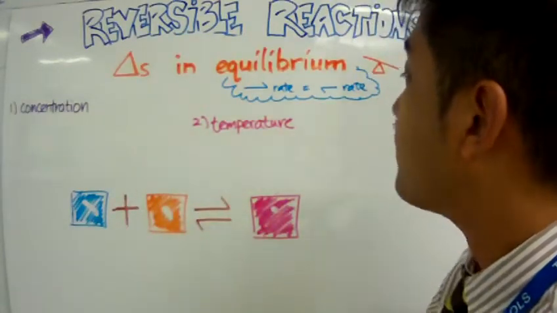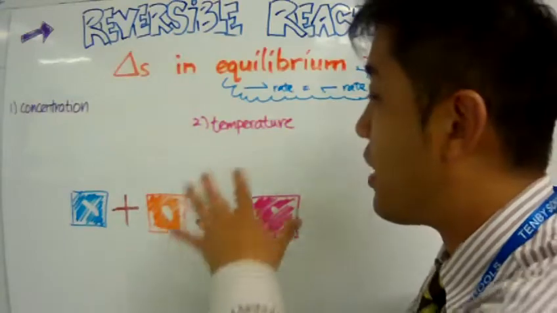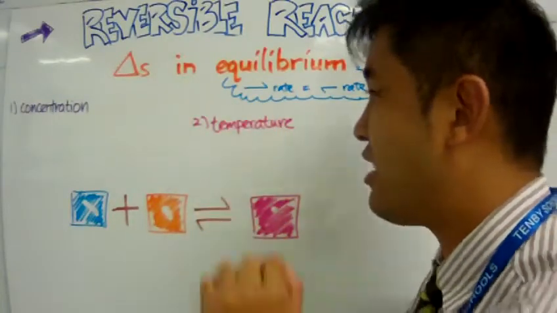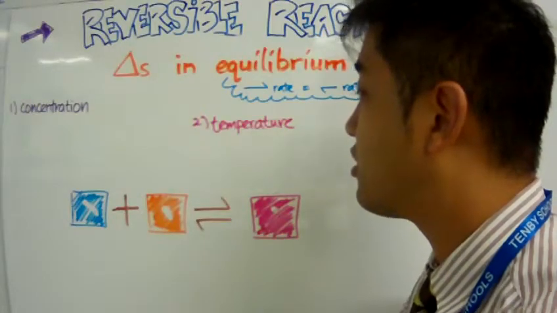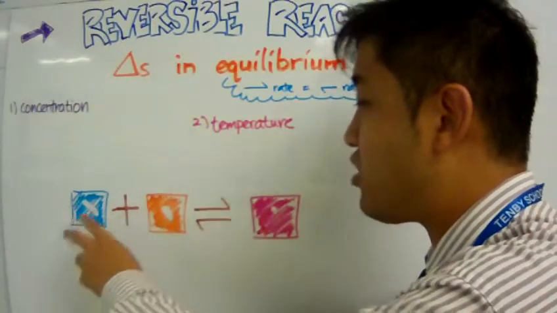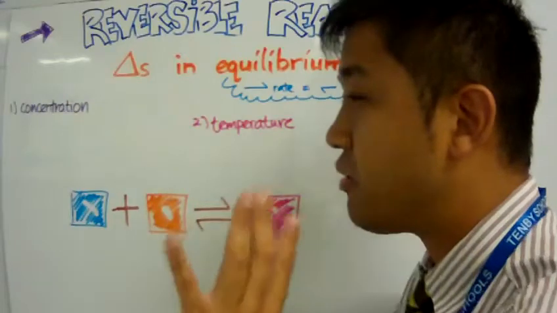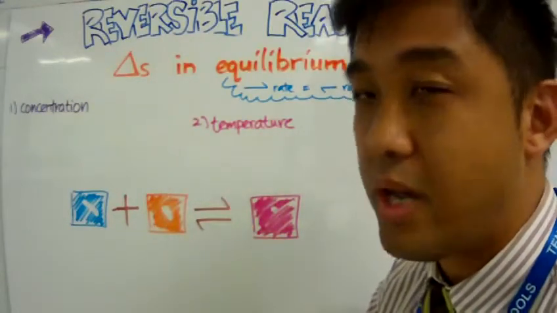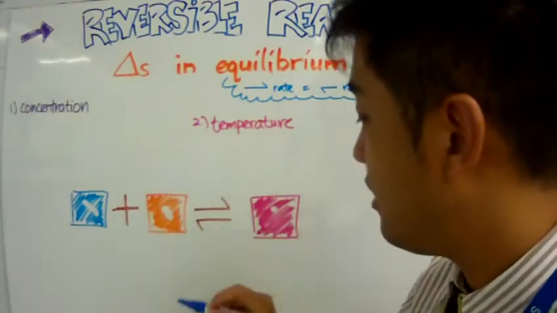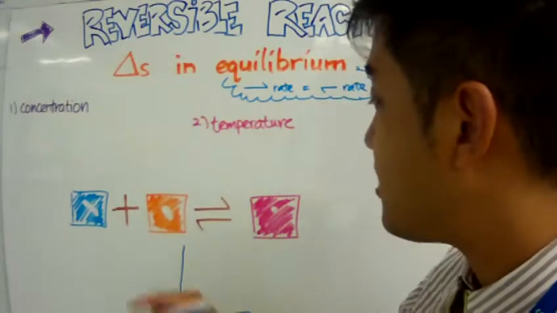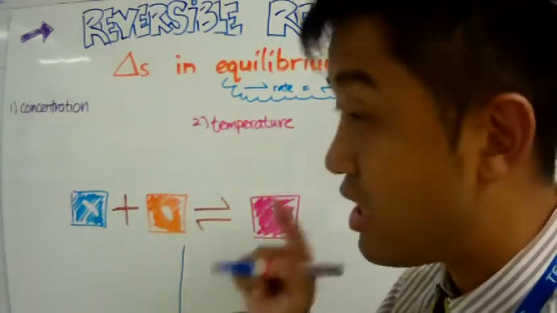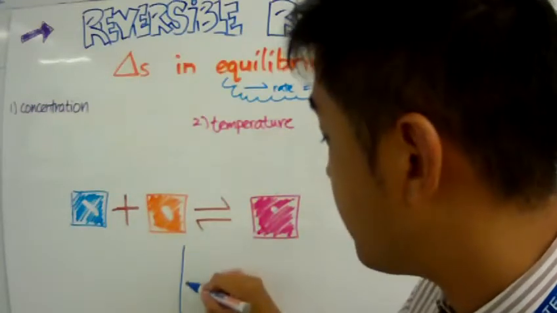All right? So next one is about how we affect temperature. Now, when we add stress, change the temperature in a reaction, it all depends on whether it's an exothermic or endothermic reaction. So let's draw the energy profile, and let's assume that this reversible reaction is in fact an endothermic reaction.